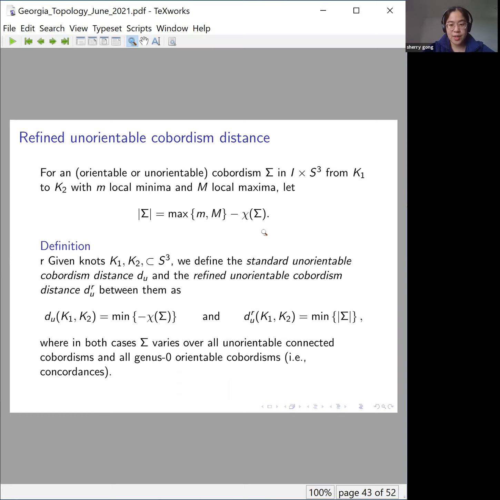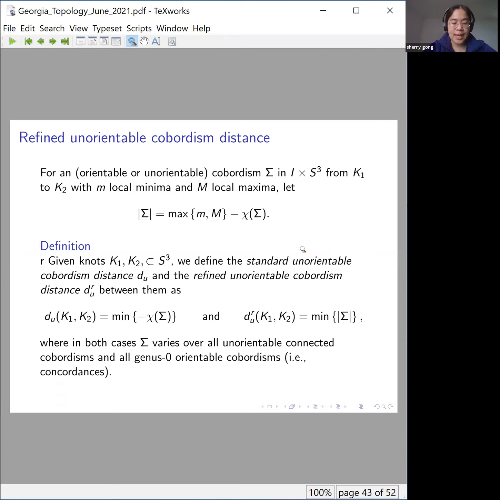And then given two knots, K1 and K2, we define the standard unorientable cobordism distance between K1 and K2 as the minimum of the negative of the Euler characteristic of a surface from K1 to K2, where we're varying this surface over unorientable connected cobordisms and all genus 0 orientable cobordisms, because we do want to include the concordances, and those are necessarily orientable.